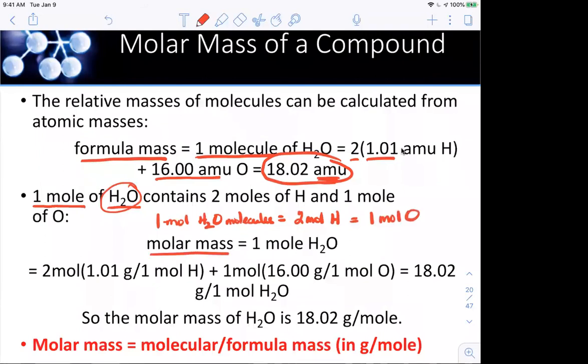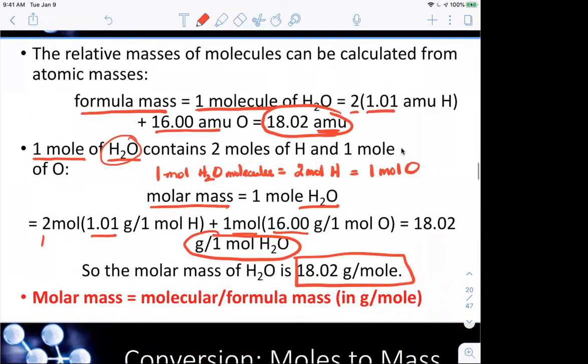So the molar mass for the entire thing is the sum of the constituents. 2 times 1.01 plus 1 times 16 gives me 18.02 grams per mole, and that is the molar mass. Again, that gives me a conversion factor because for every 1 mole of H2O, I have 18.02 grams of water.